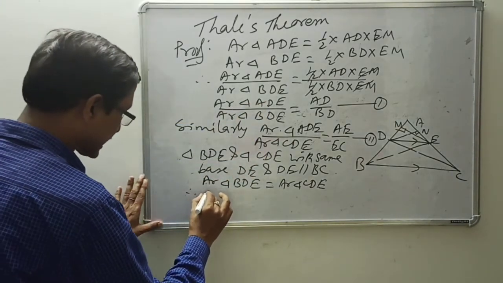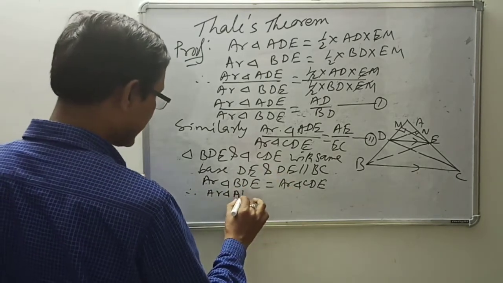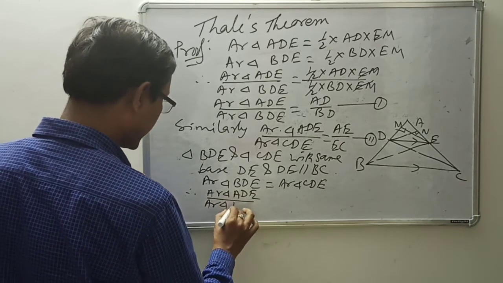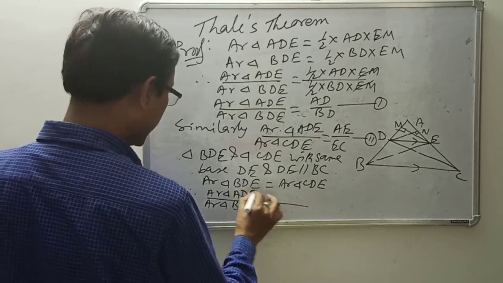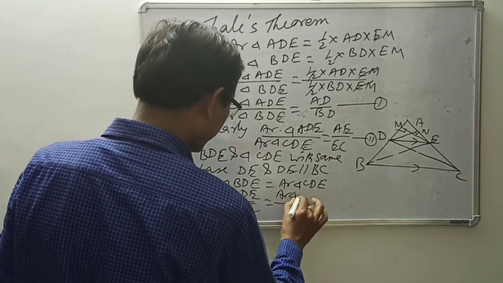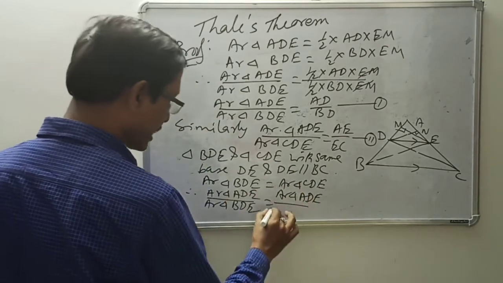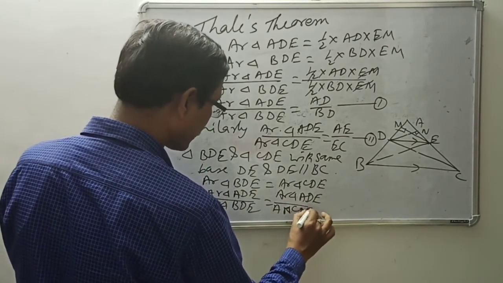Therefore, area of the triangle ADE by area of the triangle BDE will be equal to area of ADE by area of CDE, in the place of BDE we can write CDE, since both areas we have proved equal.